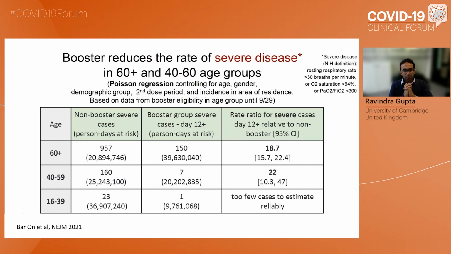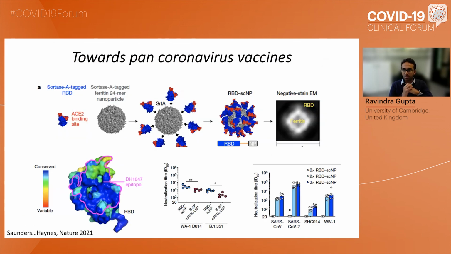This is data from the NEJM Barda paper showing you that the booster reduces the rate of severe disease both in the 60 plus and 40 to 59 age groups, with quite significant rate ratios here of 18.7 and 22 respectively for the 60 plus and 40 to 59 age groups. So boosting appears very important, not only for reducing infection, but also symptomatic and severe disease.